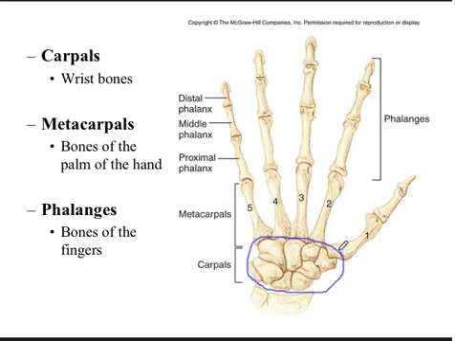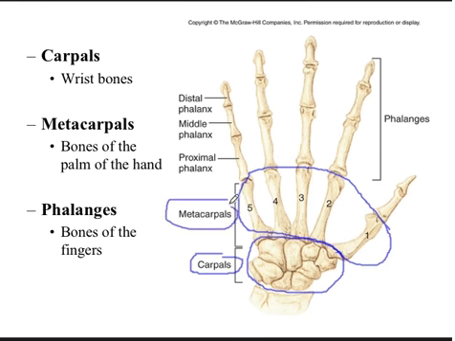Okay, those are the carpals right here. All right, the metacarpals here. And the phalanges, the remaining bones here.